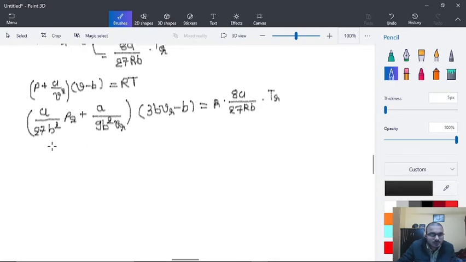Here we will be taking a few terms common, that is let's take a divided by 27 b square.